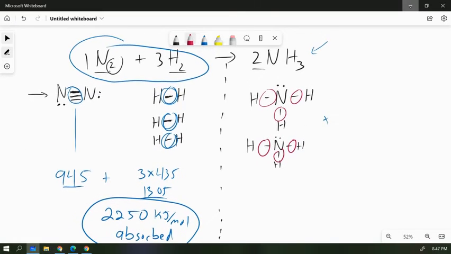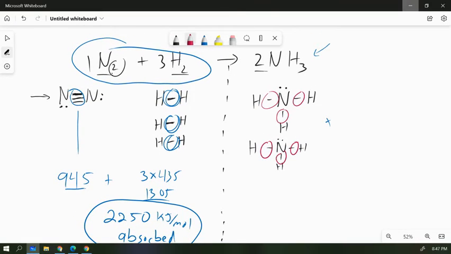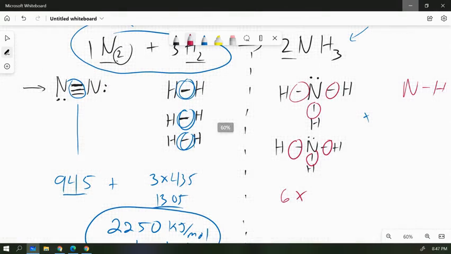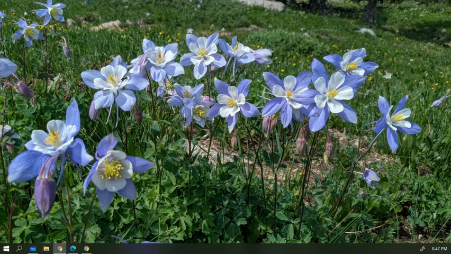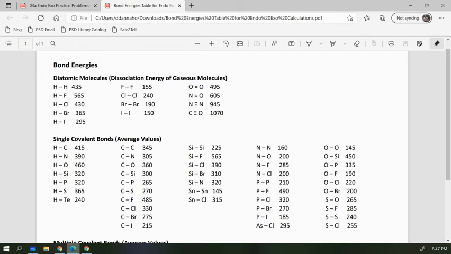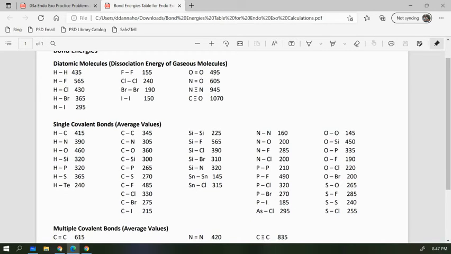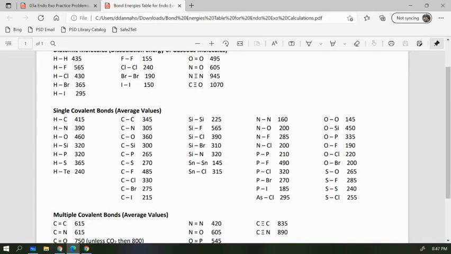This side's pretty easy because we have all the same kind of bond. We have a nitrogen-hydrogen single bond, and we have 6 of them. So we're going to search our sheet here. Where is a nitrogen-hydrogen single bond? I'm not finding it. Here we go, over here.